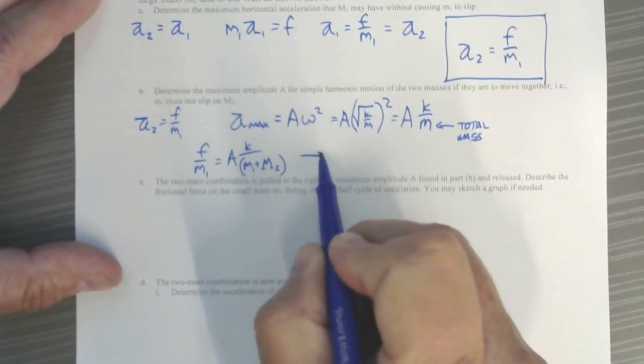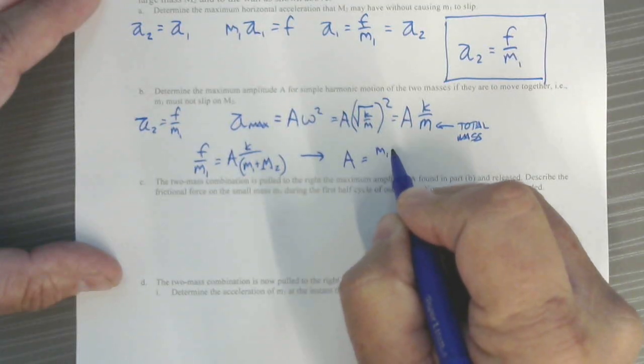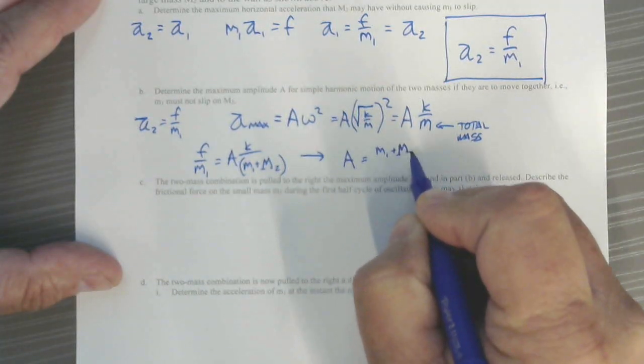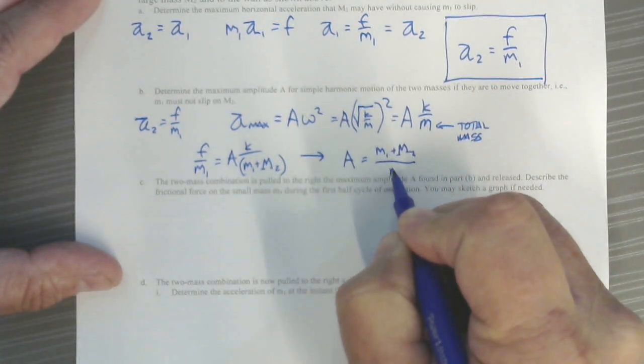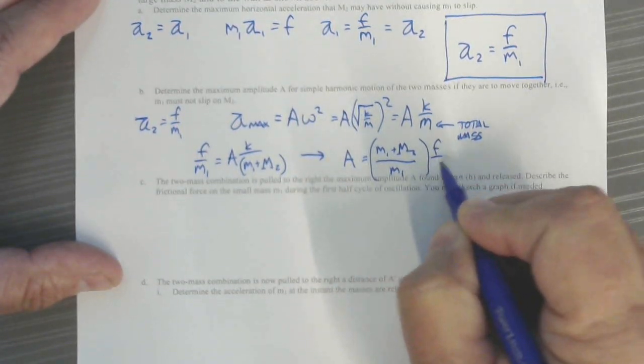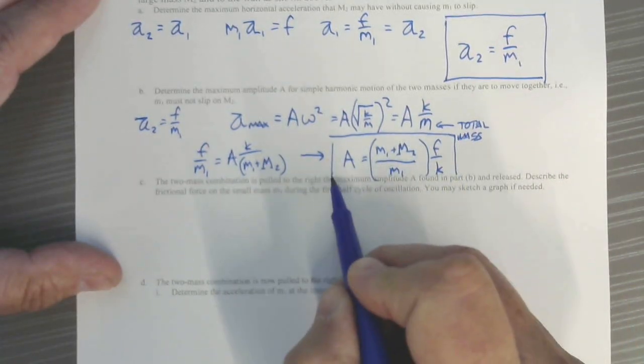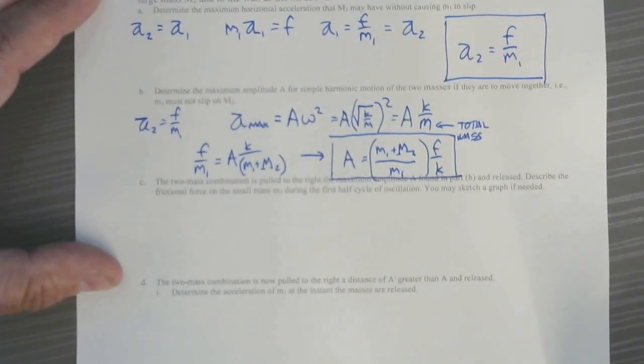And through the power of algebra, we can figure out that A has to be M1 plus M2 over M1. So there's a ratio of masses, and then F is on top and K moves to the bottom. This is the maximum amplitude that you can pull this thing to the side before M1 slips.